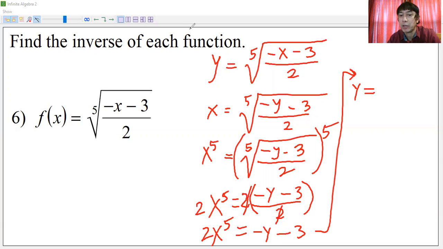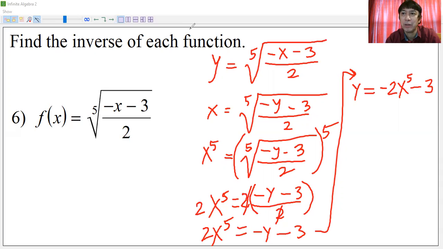Now, the 2x to the 5th will be moved to the other side. From left, it's positive. At the right, it will be negative, like that. And then we shall not forget the minus 3 has not moved. So it will remain there. And so this is our answer.